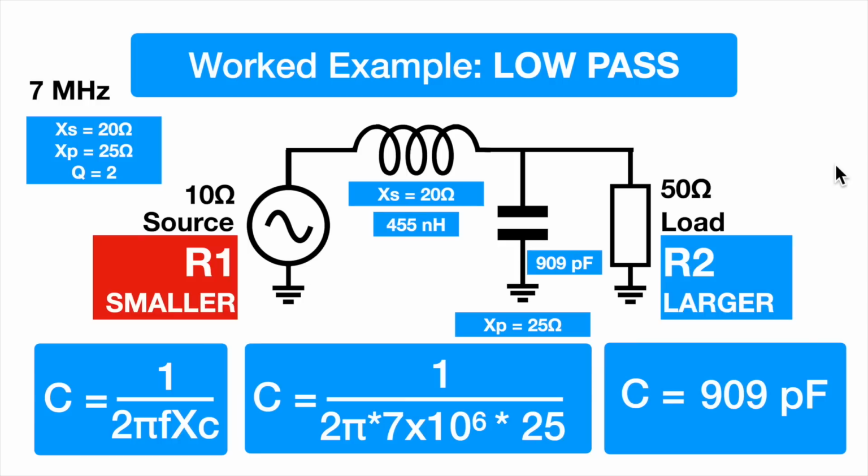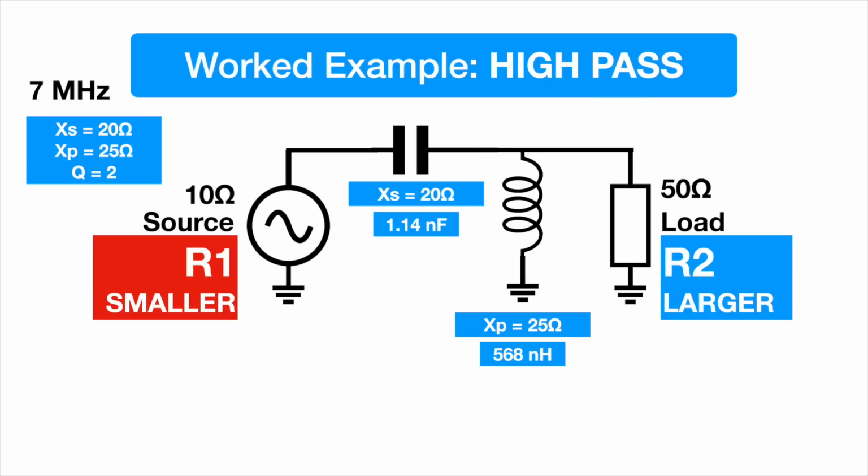And just for the sake of completeness, let me show you the high pass. I've already calculated this out, but it's exactly the same. The only thing you need to remember is that these values are the same. We've still got 20 ohms of series reactance, and we've still got 25 ohms of parallel reactance, but now, because we're in high pass topology, instead of an inductor here, we've got a capacitor here.